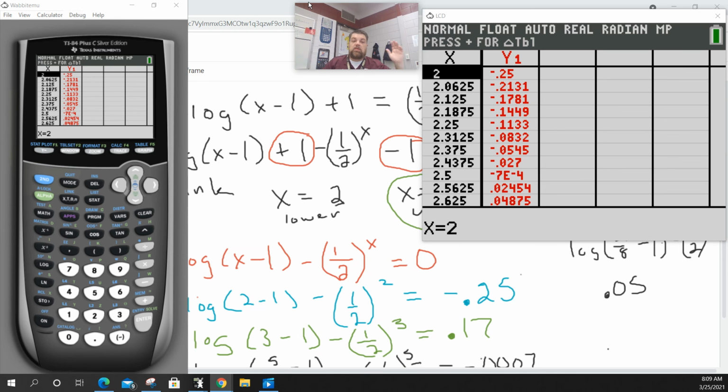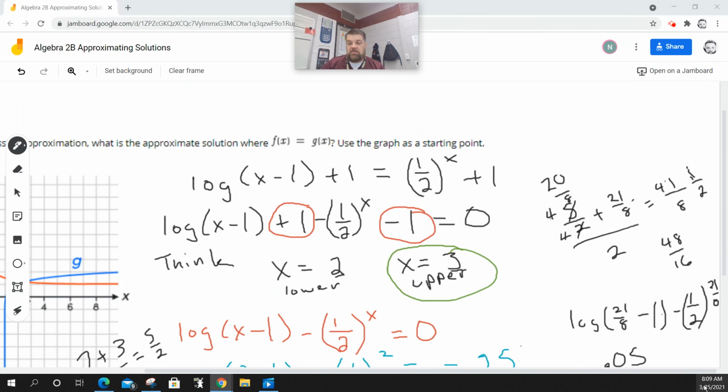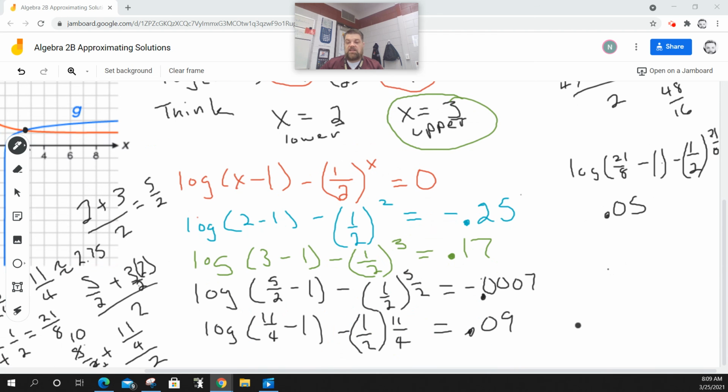If it's negative, we replace the lower boundary. If it's positive, we replace the upper boundary. So after all that math, because we got 41 over 16, the answer is x is approximately 41 over 16. That's it.